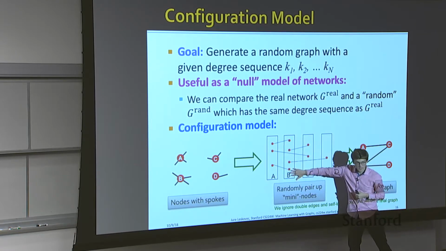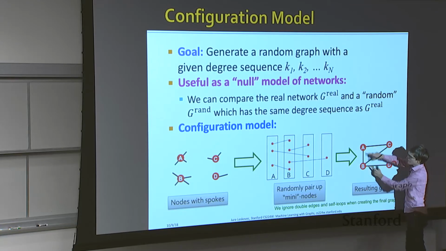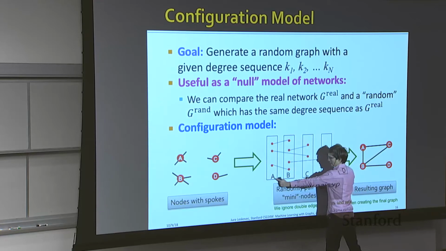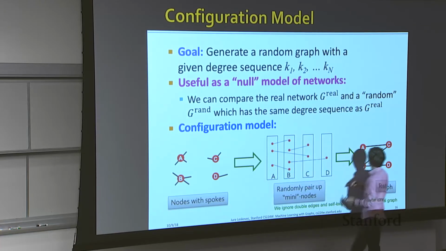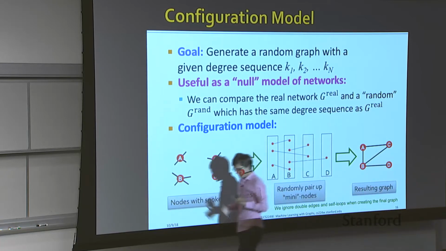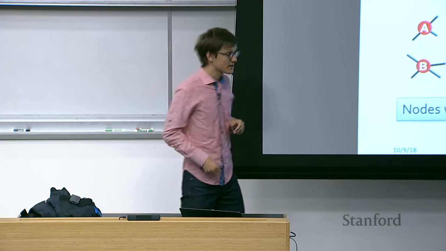So from this type of thing, here is the graph we would generate, right? So nodes A and B are connected because there are 2 edges. Nodes A and C are connected because there is an edge, okay? So this is a very quick and efficient way to generate these types of graphs.